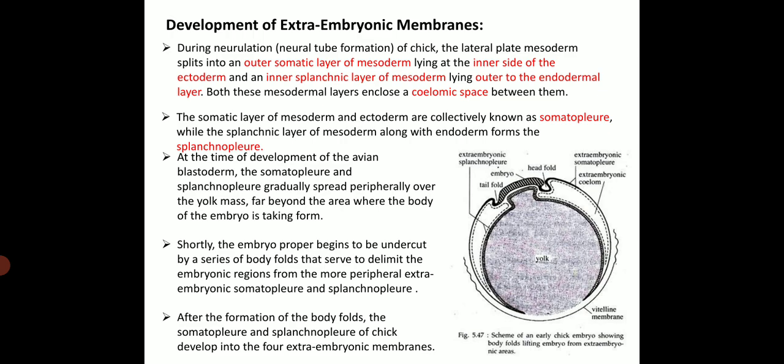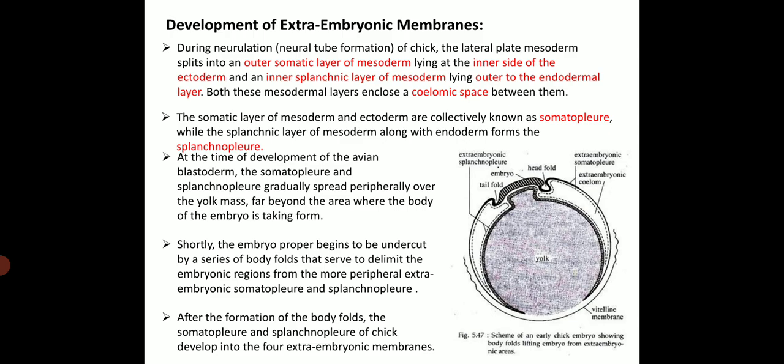In the picture, you can see clearly the extra-embryonic somatopleure and extra-embryonic splanchnopleure. At the time of development of the avian blastoderm, the somatopleure and splanchnopleure gradually spread peripherally over the yolk mass, far beyond the area where the body of the embryo is taking form.